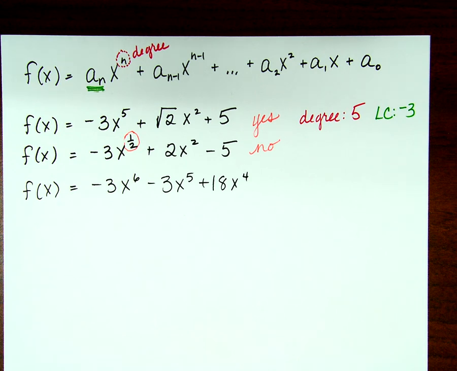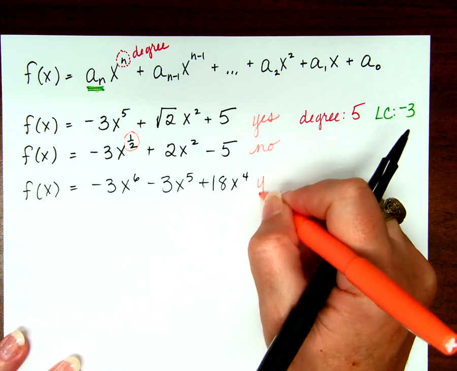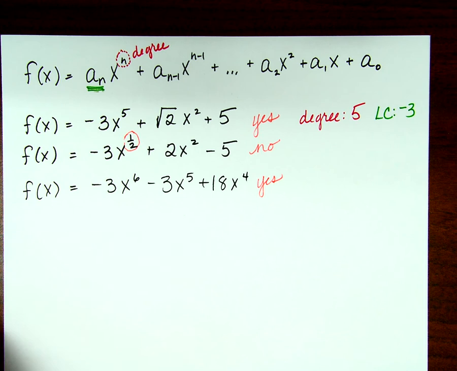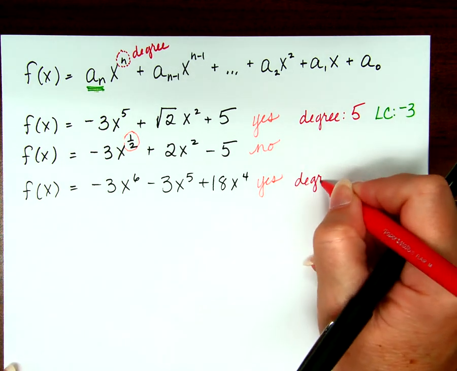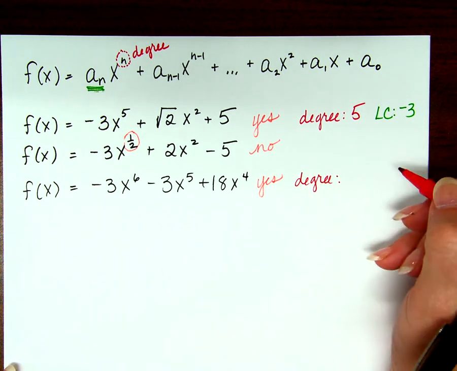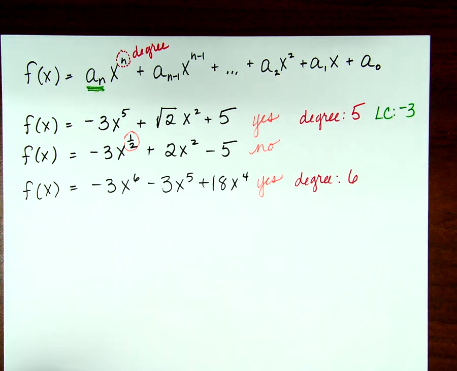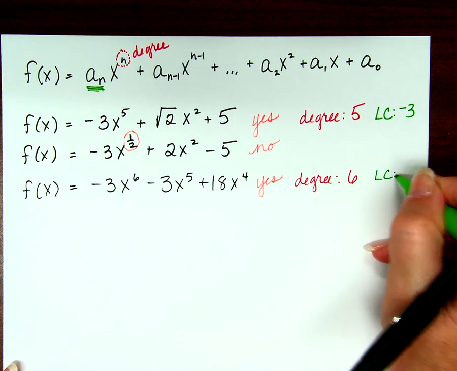Is it a polynomial? Yeah, it is, right? Okay. If it's a polynomial, what do we want to ask ourselves? What's the degree? What's the highest exponent? 6. And what's the leading coefficient? -3.